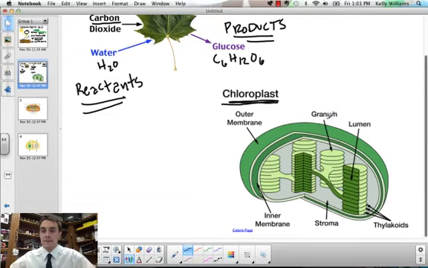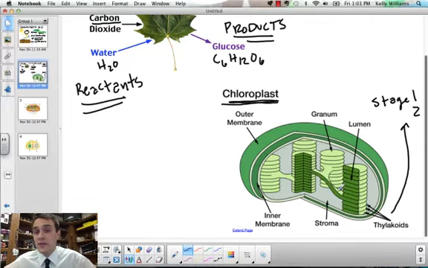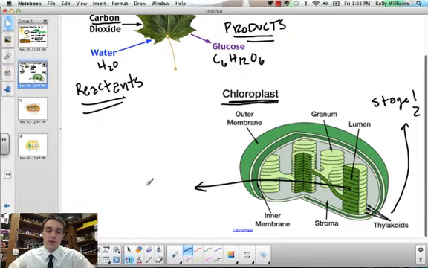Some general structures that we reviewed on day 1: we have these guys called the thylakoids, and this is where stage 1 and stage 2 of photosynthesis take place. Inside the thylakoid is chlorophyll.